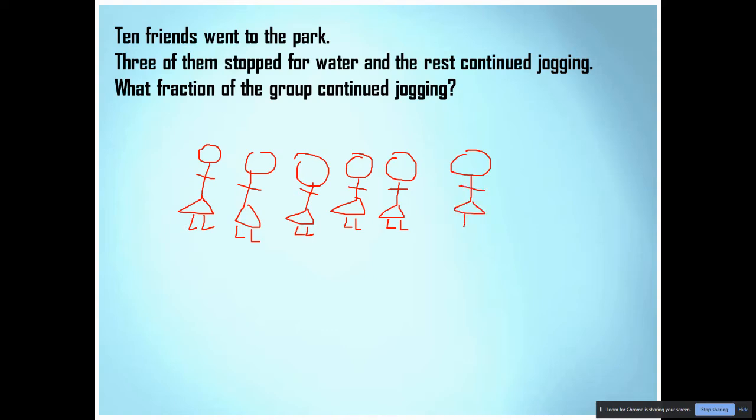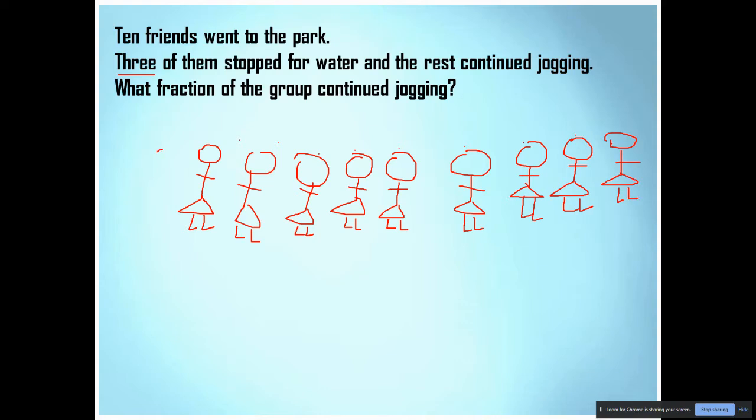Now these 10 girls, while on their way to the park, saw drinking water. So 3 of them stopped to drink water. How many girls do we have here? 1, 2, 3, 4, 5, 6, 7, 8. We need 2 more.